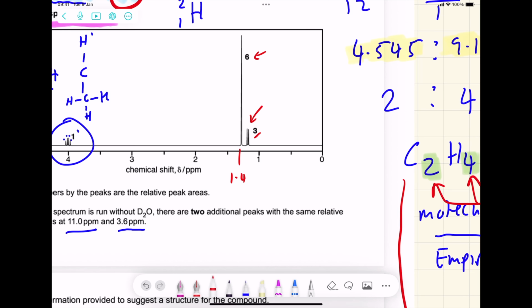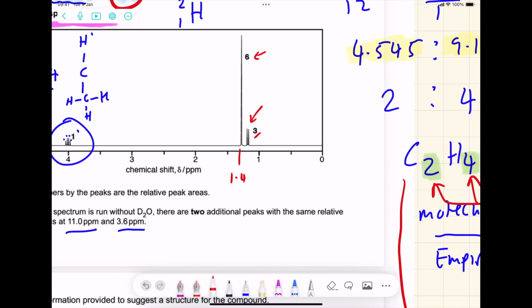Now that is saying there are 6 hydrogens in that environment. If you ask yourself, how can you have 6 hydrogens in an environment when carbon can only form 4 covalent bonds? That's impossible. Well, actually, this is a really nice big clue as to something that happens in molecules all of the time, which is when we have symmetry, or the same functional group or the same part happening at the same time.